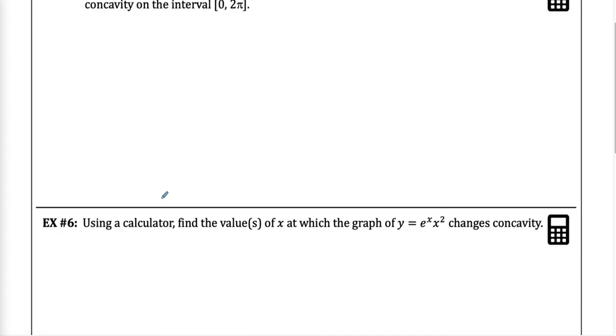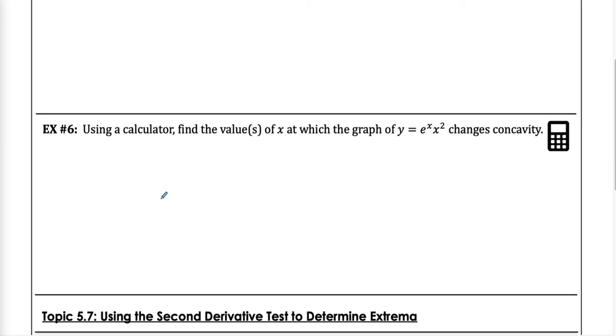So the next one I wanted to try was 6. Using a calculator, find the value of x at which the graph of y equals e to the x squared changes concavity. So hopefully you have a calculator with you. Desmos would work if you have Desmos.